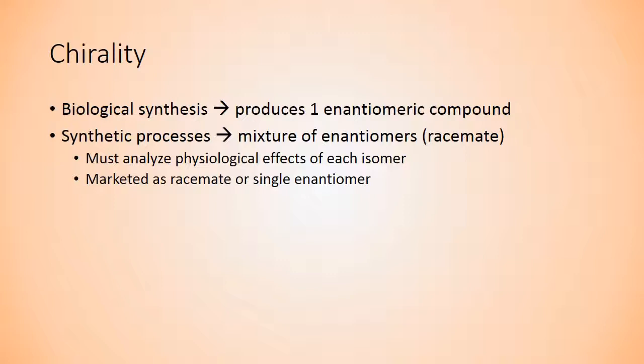So if there are any negative side effects, like we saw with thalidomide, due to its racemate, we need to know about that, because that disaster in the 1960s has changed the way in which we get drugs onto the market. Drugs have to be marketed as a racemate or a single enantiomer so that you know there are going to be potential side effects due to a racemate being present.